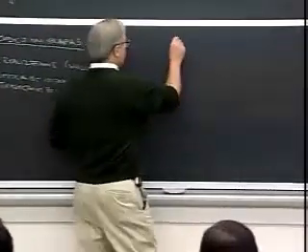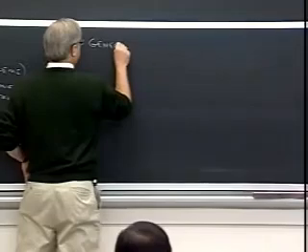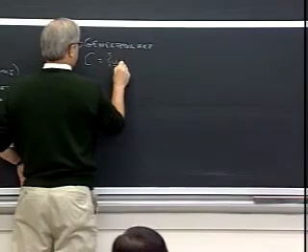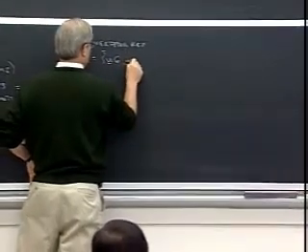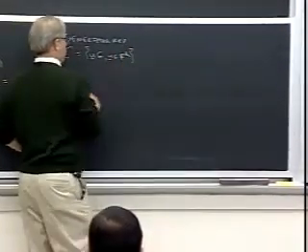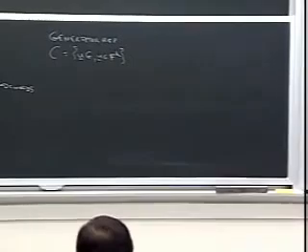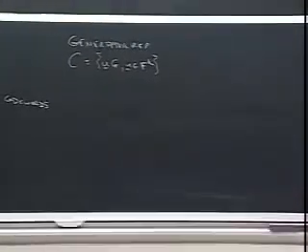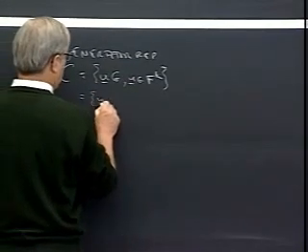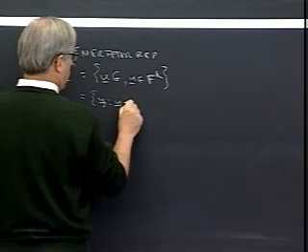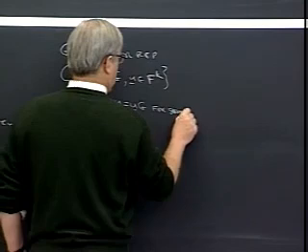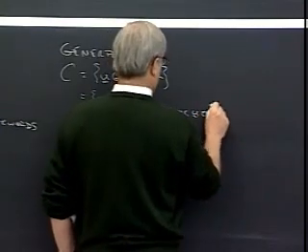For instance, the generator representation: we've said a code is the set of all uG such that u is in the field to the k. That's a generator matrix style of representing a code. In other words, it is the set of all y such that y equals uG for some u in F^k.